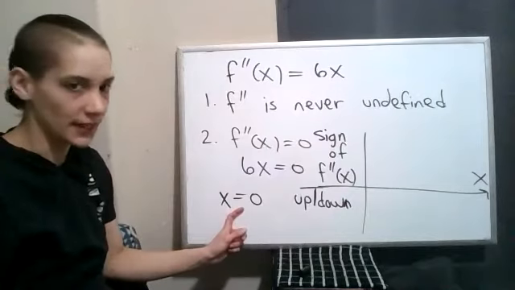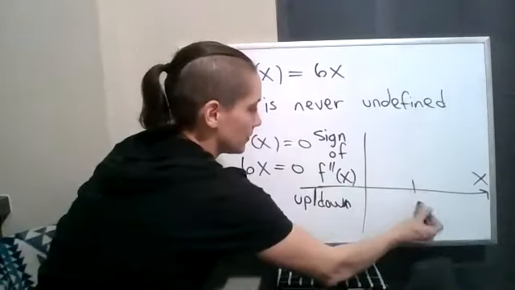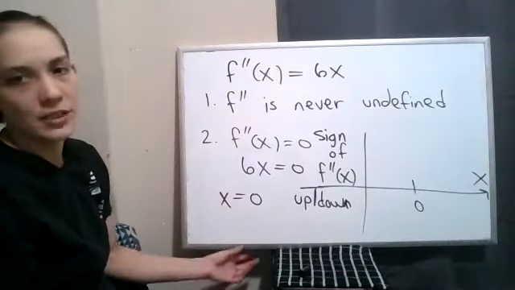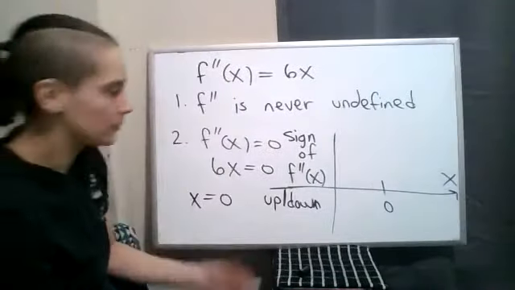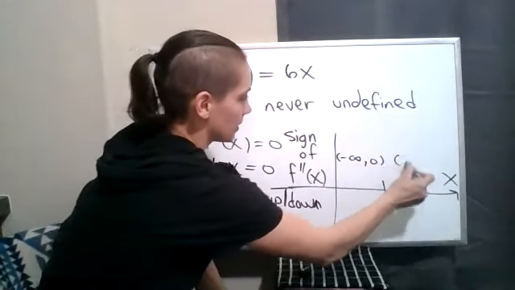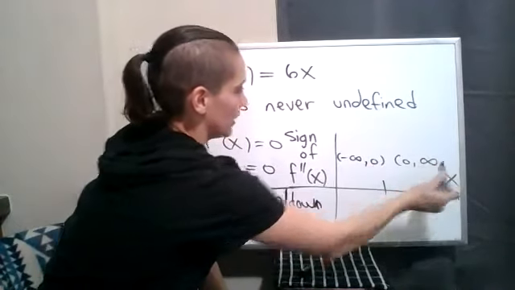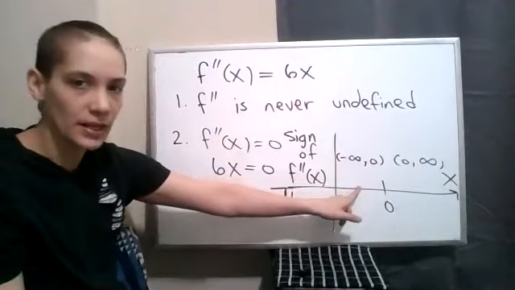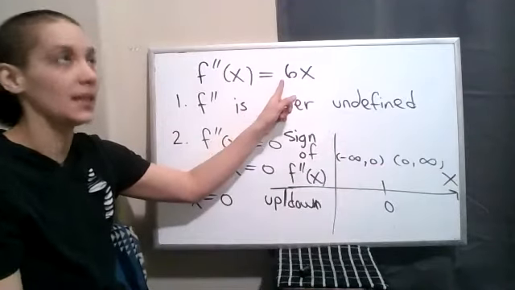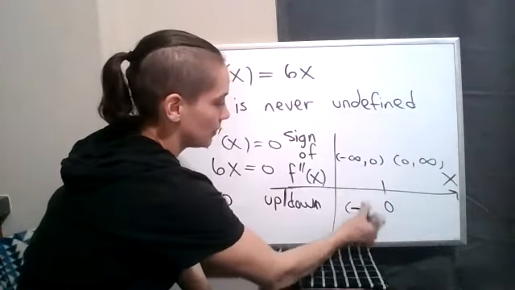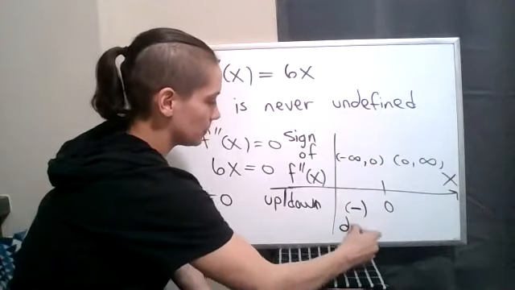Okay, plot this critical number for f double prime. And your test intervals are the same as before, negative infinity to 0, 0 to infinity. Put your test point into f double prime. So you're putting -1, multiply it with 6, and get -6. So it's concave down.